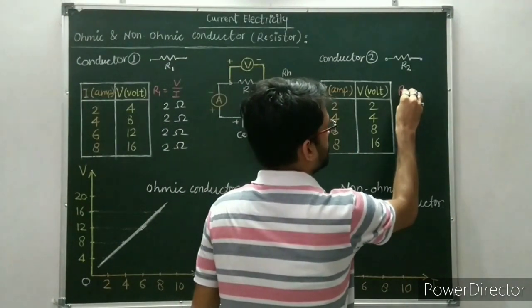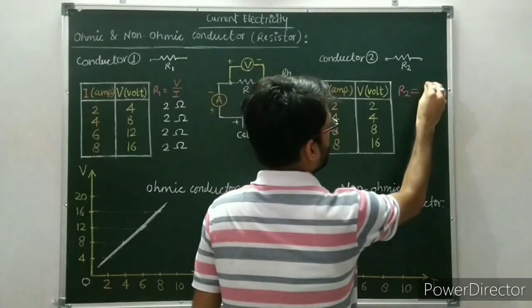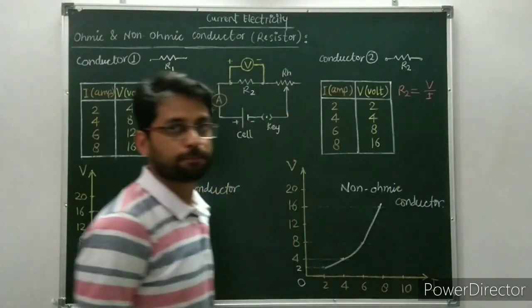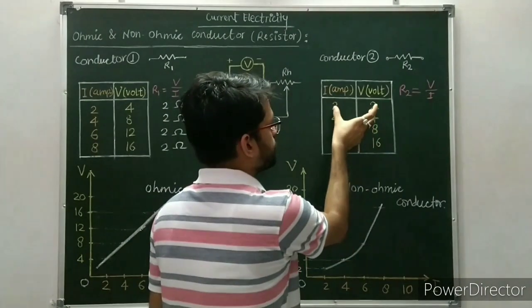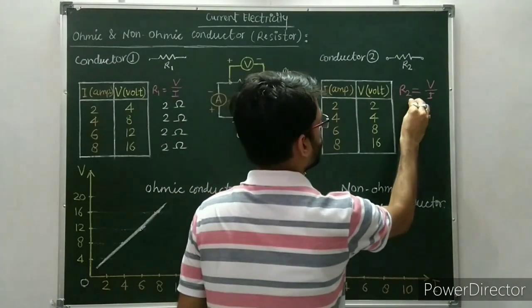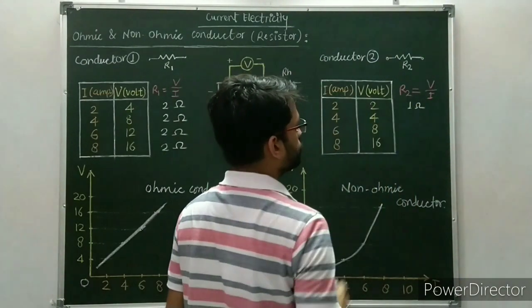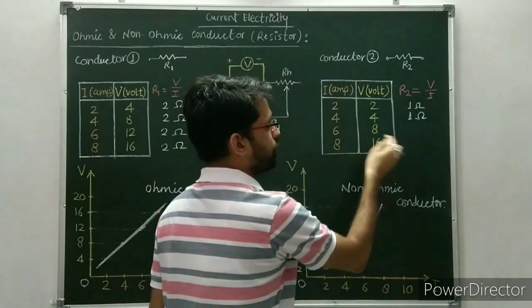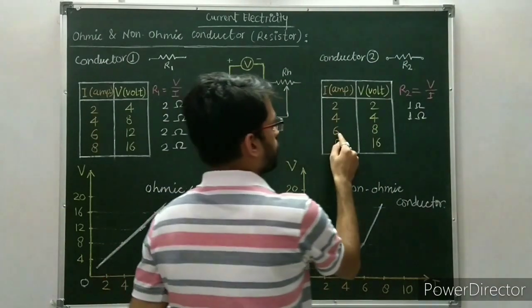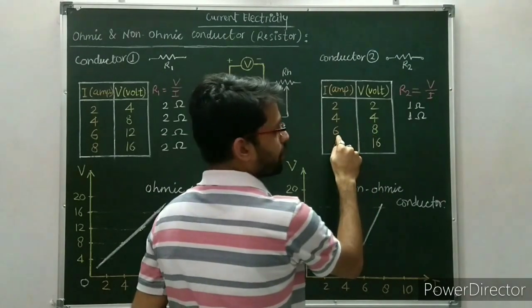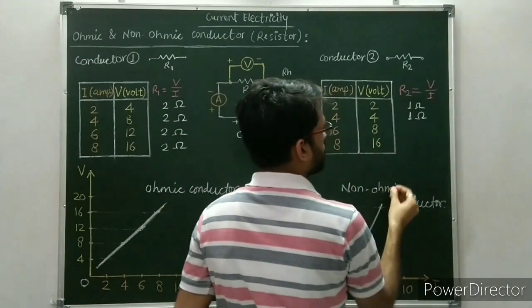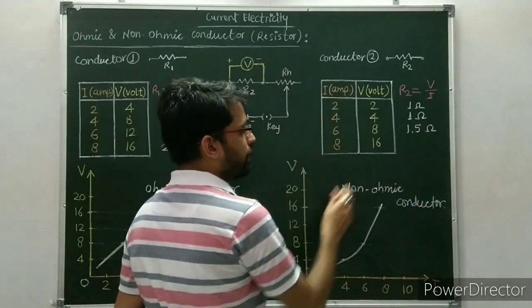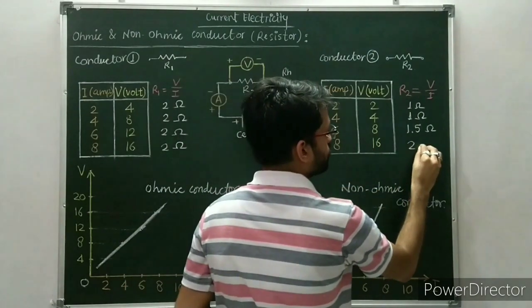Again, the resistance of the second conductor R2 is the ratio of potential difference across the conductor divided by the current through the conductor. Now, for this pair of values, the resistance is 1 ohm, 2 divided by 2, 4 divided by 4, again 1 ohm. But for this pair of values, 8 divided by 6 is nearly 1.5 ohm, and for the last pair of values it is 2 ohm.